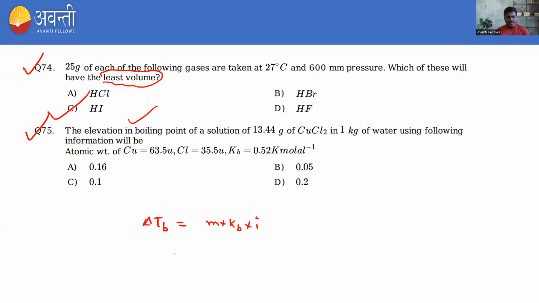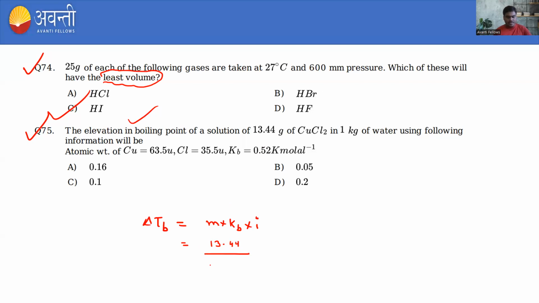Let me calculate the molality: number of moles divided by kilogram of solvent. Here the mass of the solute is 13.4 gram. Calculate the molecular mass of this.